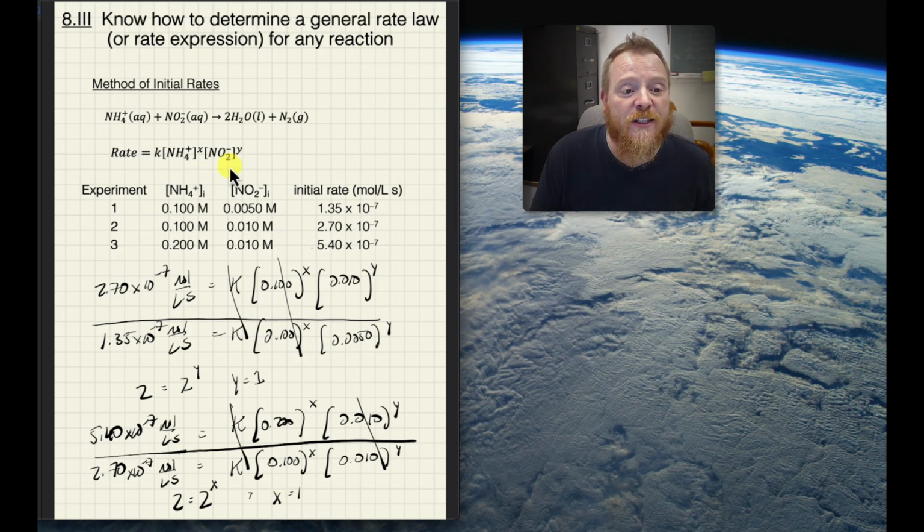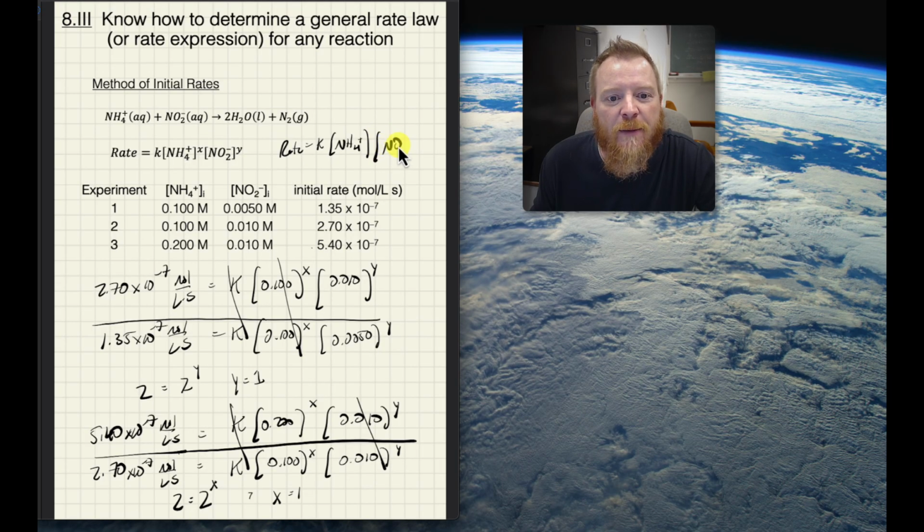So what that tells us now, the rate law for this expression is the following. Rate equals K times ammonium. And I don't need to write to the first power, right? We just assume that that's raised to the first power, times nitrite raised to the first power.